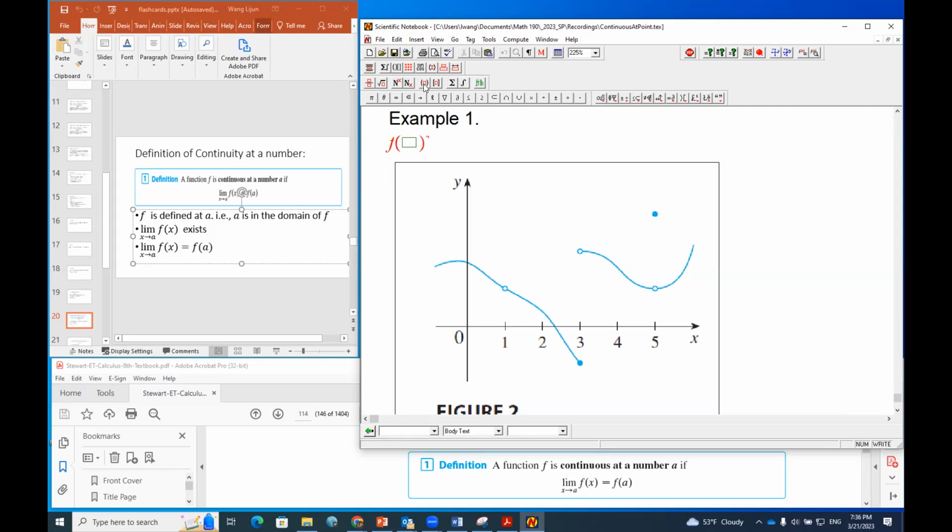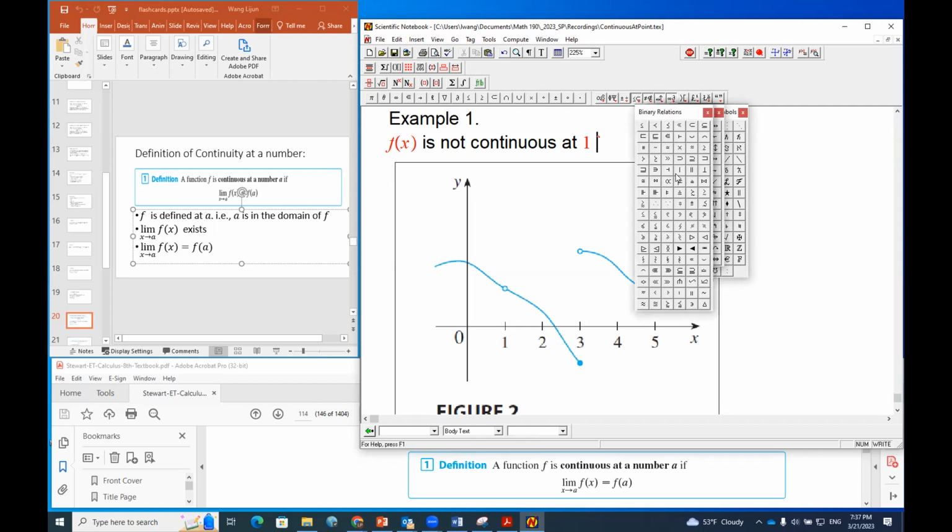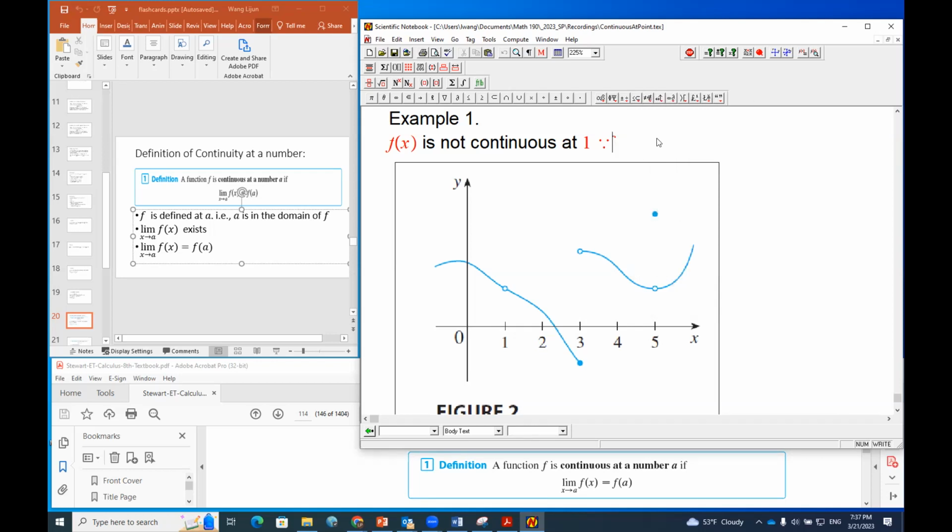The function is not continuous at 1, because f is not defined at 1.